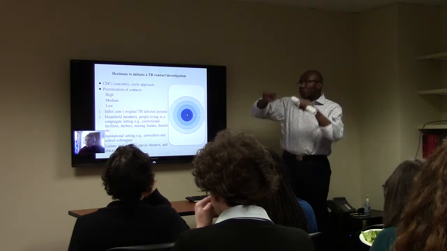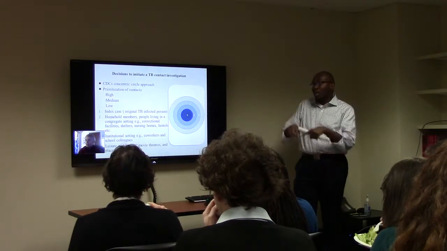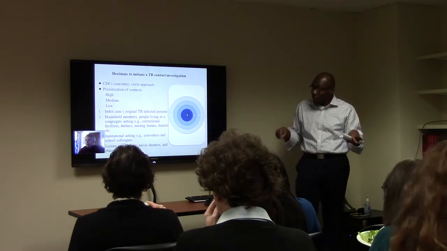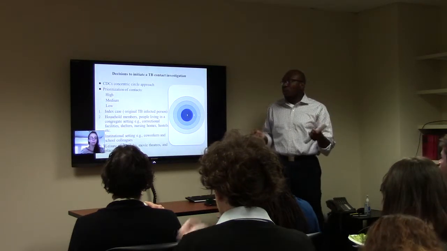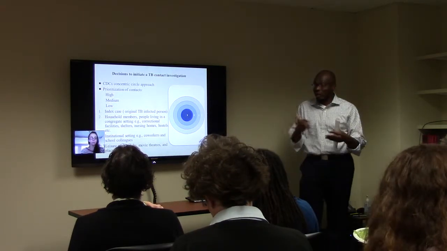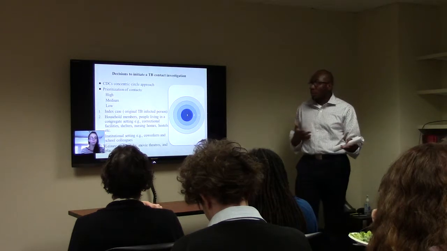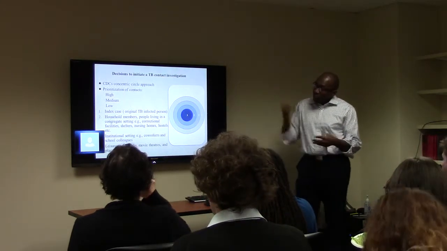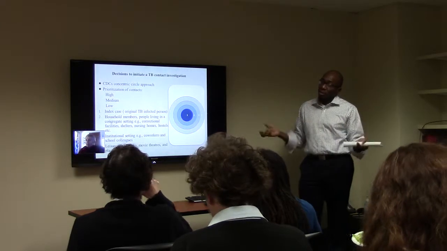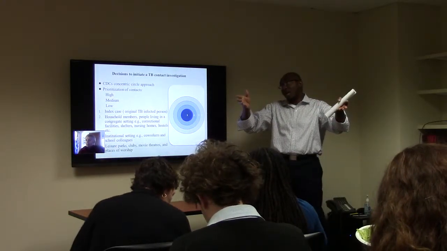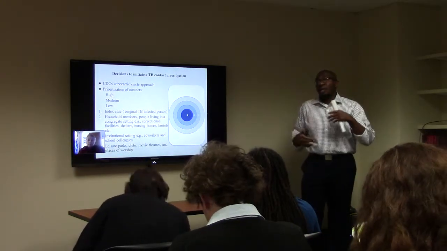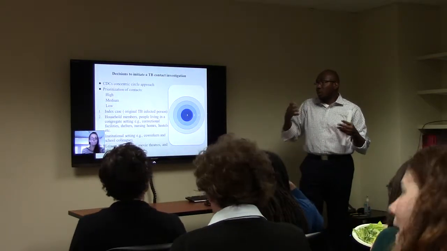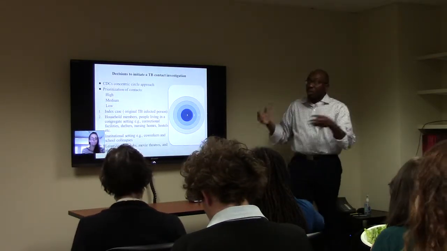Then the households, people living around the TB patient, people living in congregated settings, for example, correctional facilities, nursing homes, and hostels. Then institutional settings, such as the workplace, hospitals and schools, and leisure parks, clubs, movies, where the person goes to.